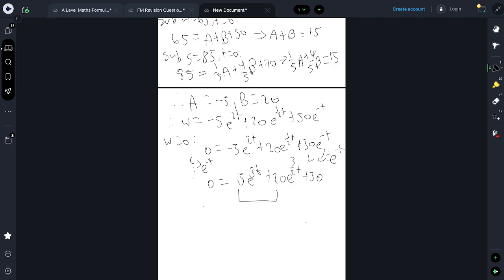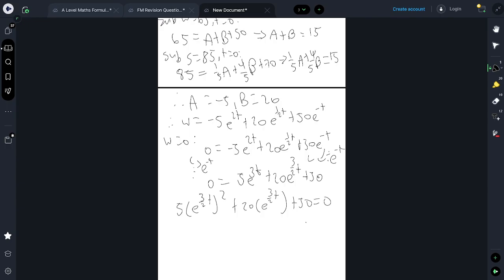But actually, this is now a hidden quadratic. Because notice, I'm going to rewrite this slightly. This is the same as 5 e to the 3 over 2t, squared, because then you times 3 over 2 by 2 to get 3t, plus 20 e to the 3 over 2t, plus 50 equals 0.